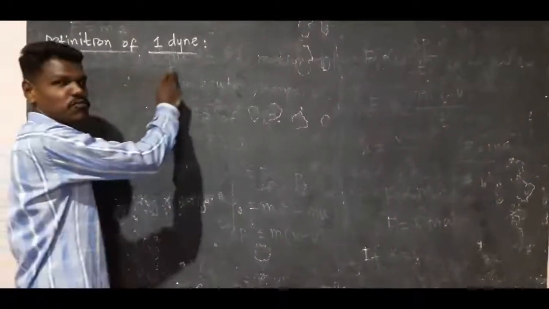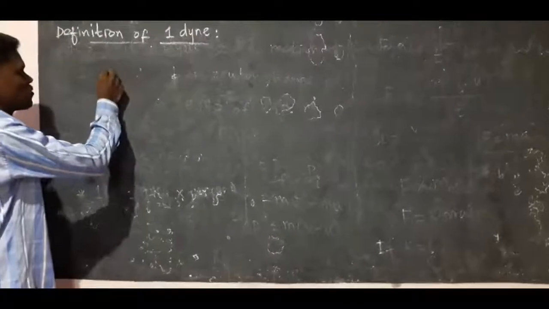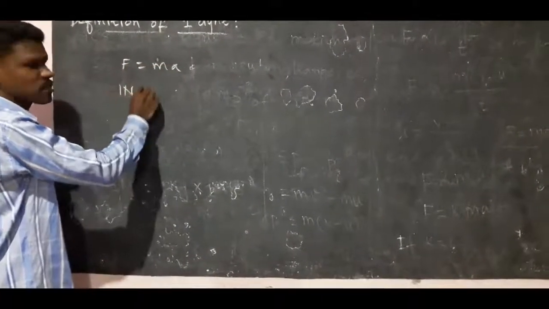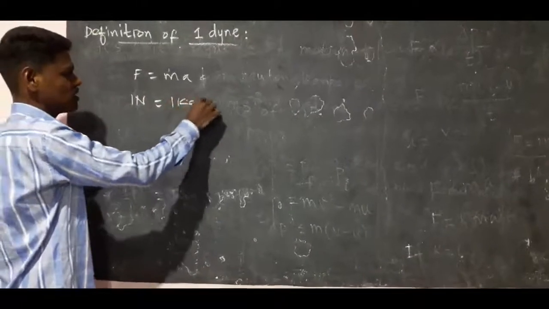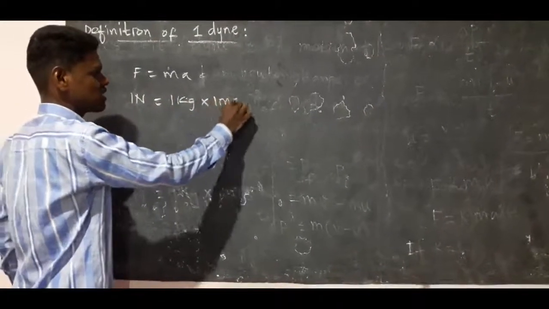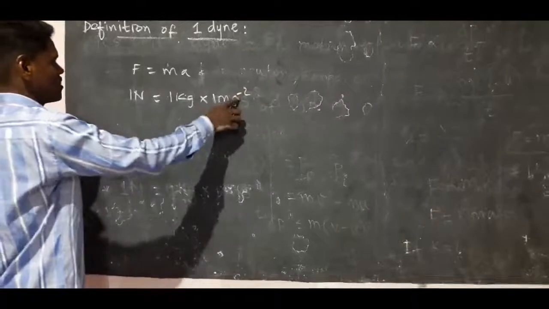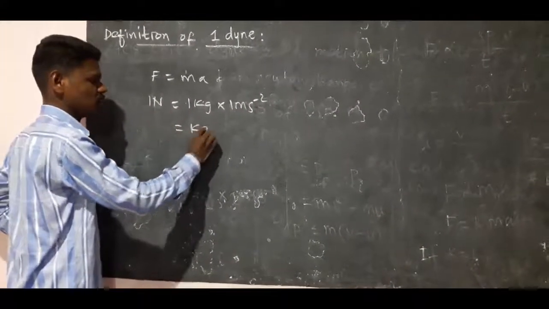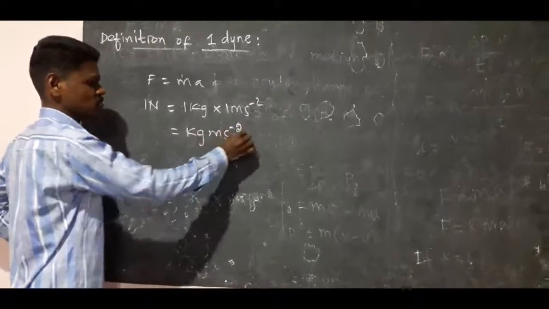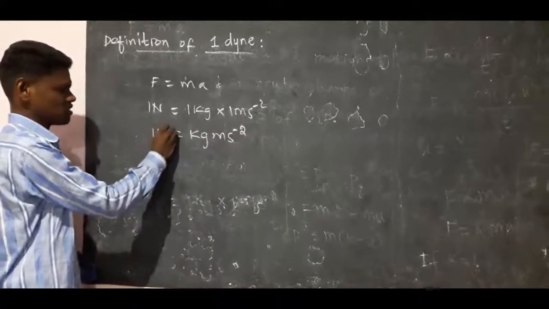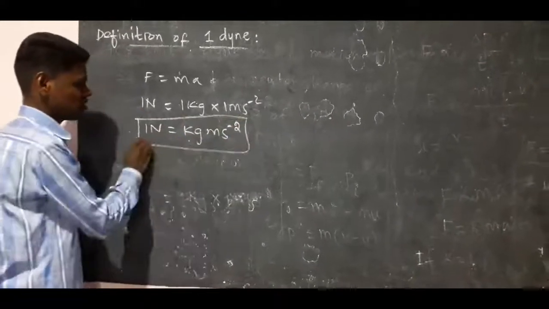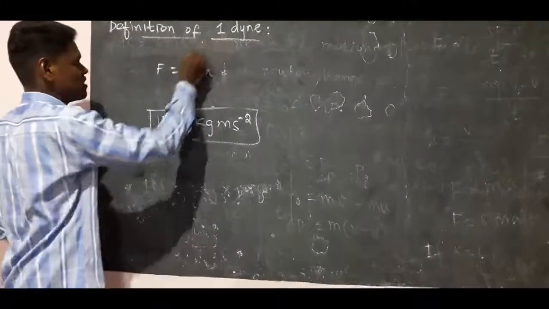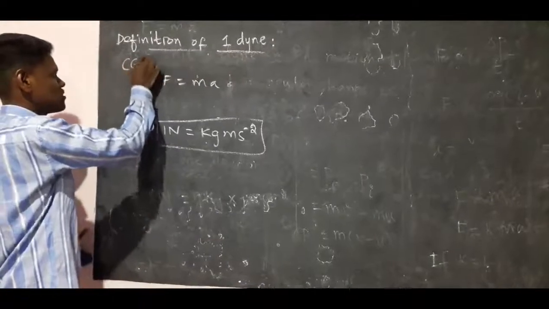Now the definition of 1 dyne. So 1 Newton, the force, is equal to F is equal to m into a. 1 Newton is equal to 1 kilogram into 1 meter second minus 2. This is 1 Newton is equal to kilogram meter second minus 2. Now 1 dyne is the CGS unit.